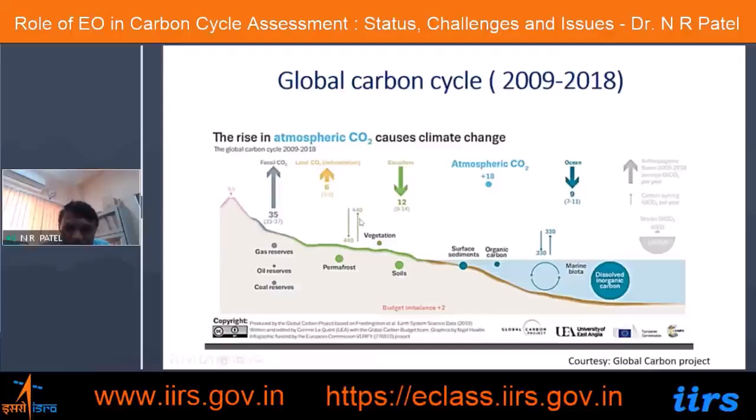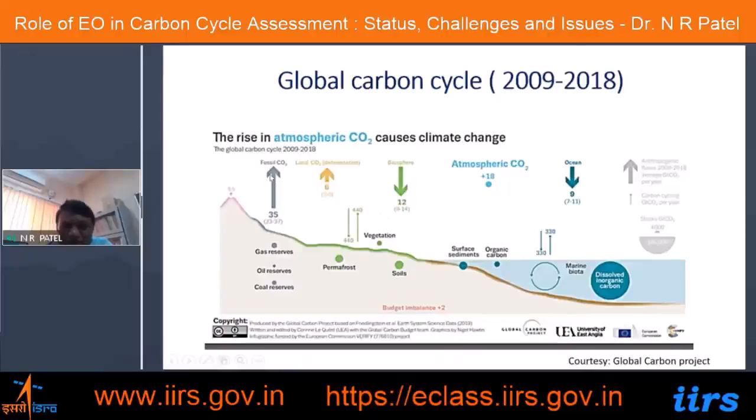So 27 you subtract from 35, plus the 6 makes 41, and 41 minus 27 is what remains. If you make the balance of the fossil fuel, atmospheric and the others, there is still a budget imbalance of 2 petagram carbon. These are all positive.